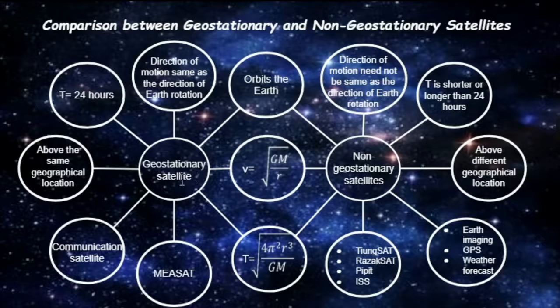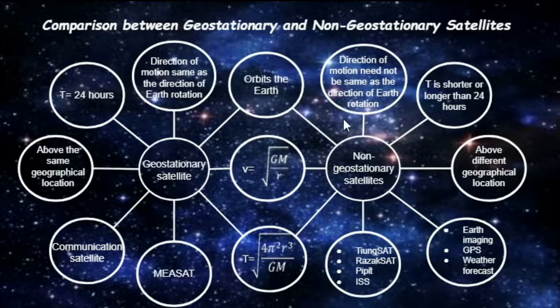Geostationary satellite is used in communication satellites. The example of satellite is MEASAT. And the non-geostationary satellite is used in Earth imaging, GPS, weather forecast. And the examples of satellites are Tiong SAT, Raja SAT, PP, and ISS.